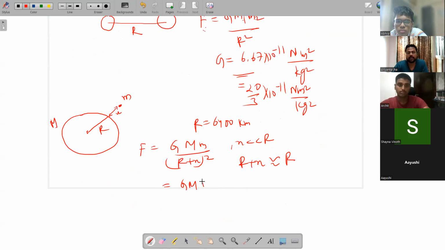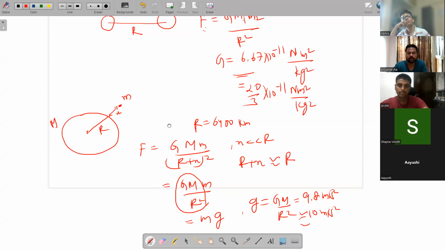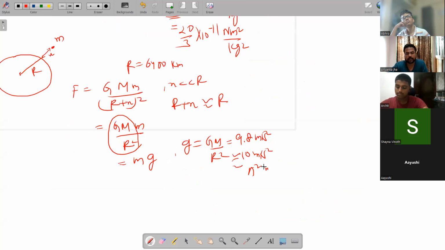So this will be written as G M m upon r square, and this value is known as g, so m into g. So g is G M upon r square. The value of g, if you calculate, you will get 9.8 meter per second square, or we can roughly use 10 meter per second square as well. And this can also be written as pi square meter per second square, and like that.